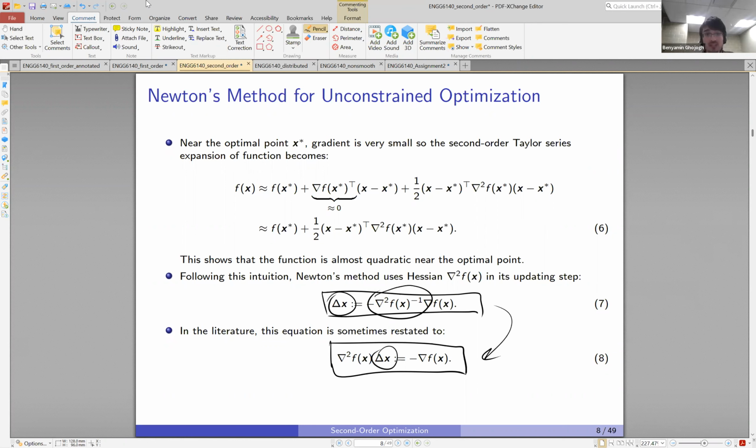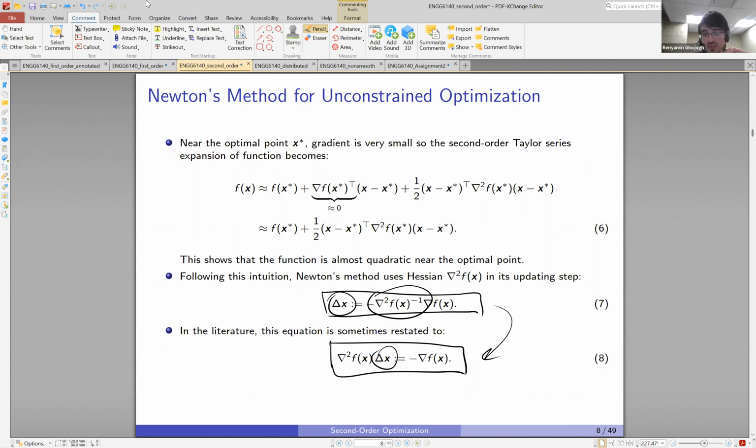If your variable is a matrix, the gradient becomes a matrix, but the Hessian becomes a tensor. So usually it's harder to calculate by one order of dimensionality. If it's a vector, you need to calculate a matrix. If it's a matrix, you need to calculate a tensor. So it's time consuming.